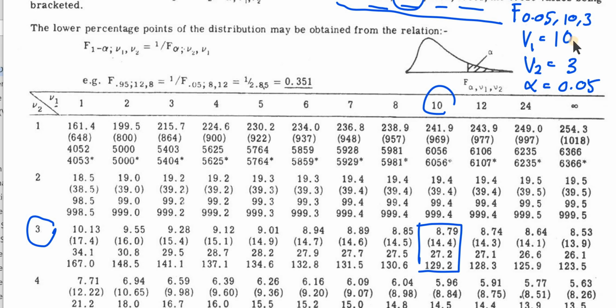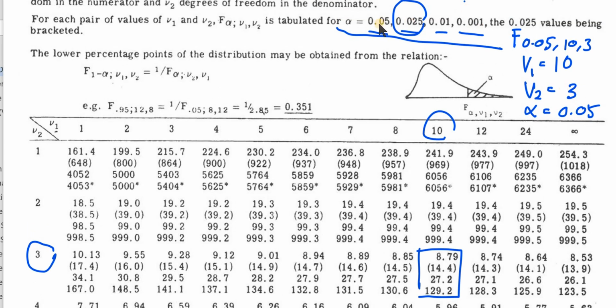Now we want alpha equal to 0.05, so refer to this one. 0.05 is the first value, so it is here, 8.75. This represents the first alpha, which is 0.05.